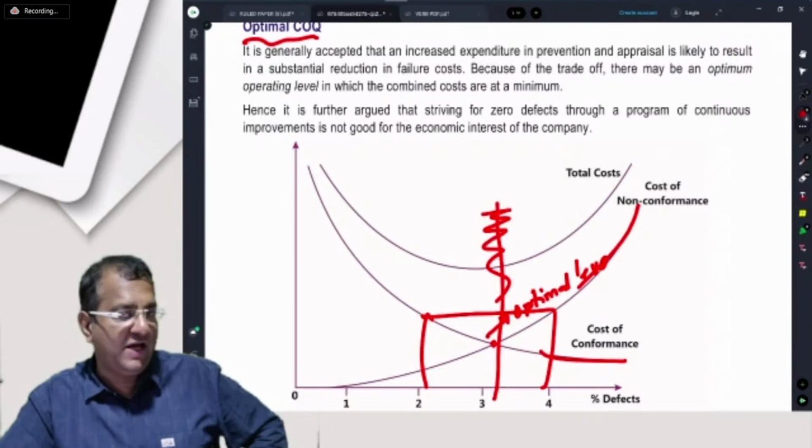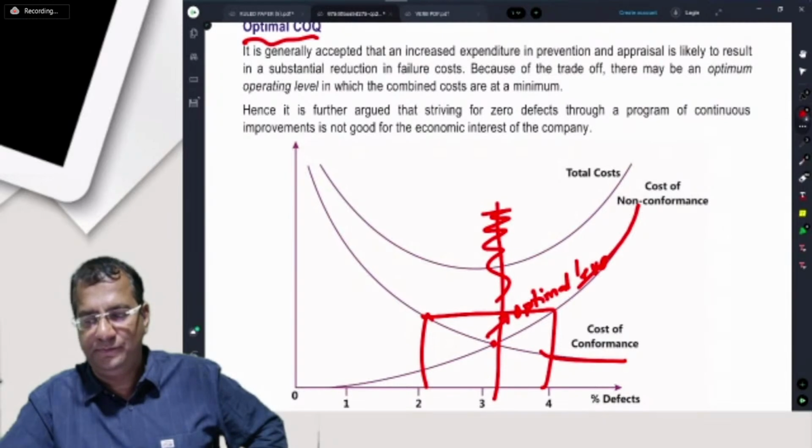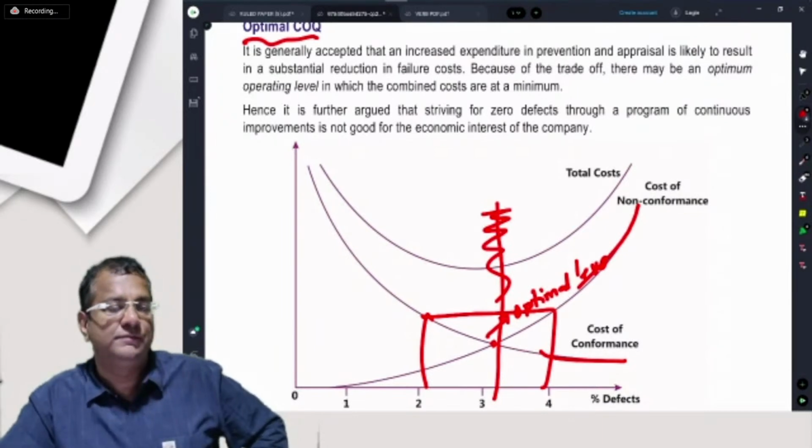It's not desirable. Next point. While practically it can be achievable.